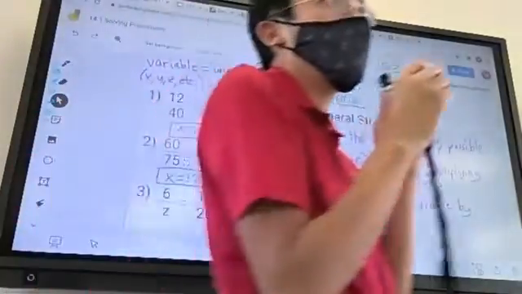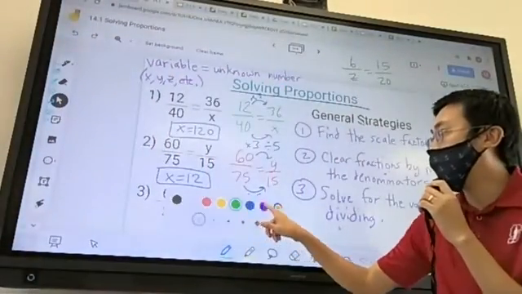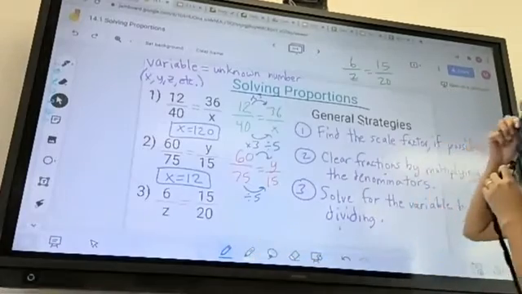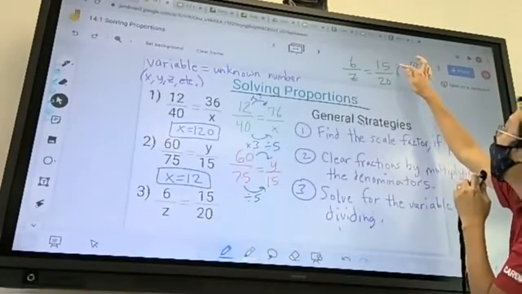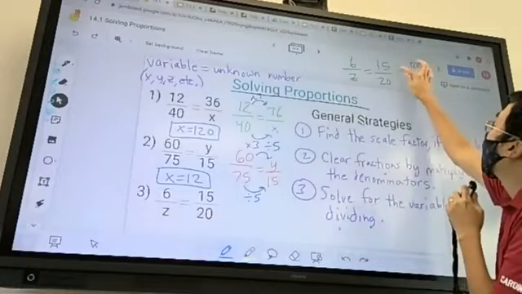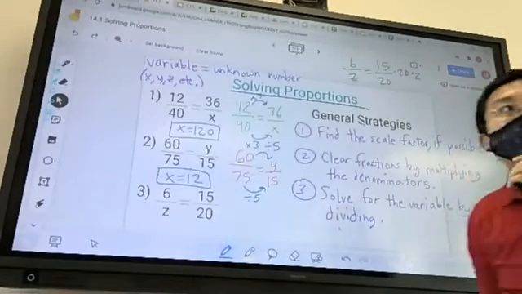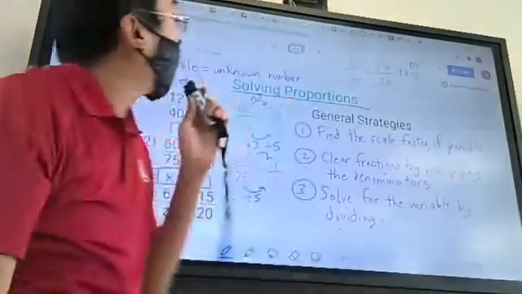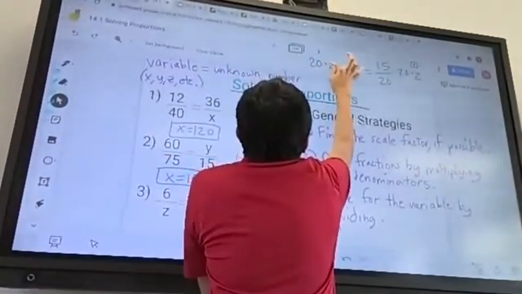What's the other denominator? Z. So we need to multiply both sides by 20 and z. So on the fraction on the right, I'm going to multiply by 20 and also multiply by z. And then on the fraction on the left, I'm going to multiply by 20 and also multiply by z.